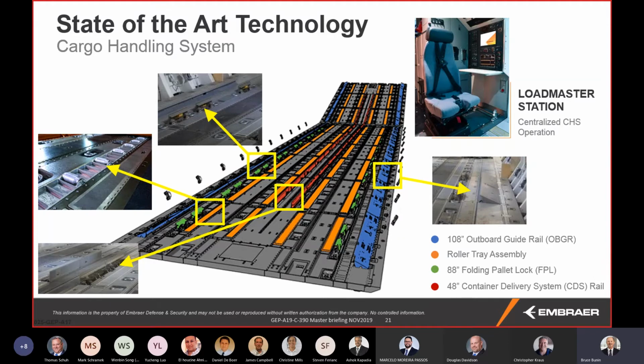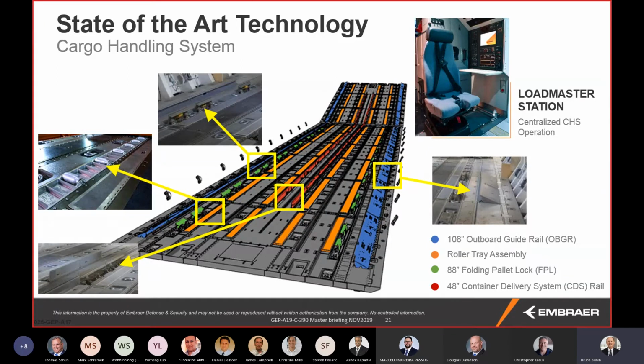So we can run 463L military pallets that are 108 by 88, either with the wide dimension going inboard outboard and using those blue locks, or with the narrow dimension going inboard outboard, which is the 88-inch green folding pallet locks. And all of those things can be controlled by the Loadmaster station that's up there in the right-hand corner.